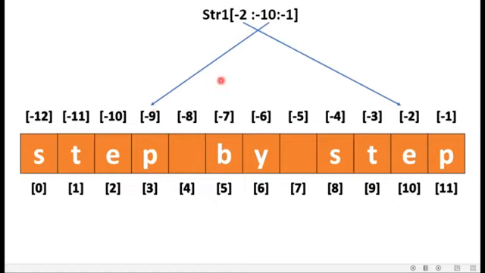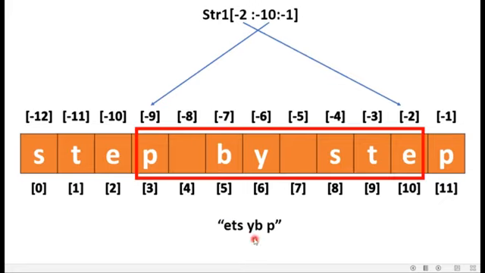And one more change, that minus 10 is considered as minus 9, not minus 11. So in negative stride, it will take plus 1 instead of minus 1. So minus 10 plus 1 is equal to minus 9. And also the values will not be printed from left to right, but in reverse order like this.